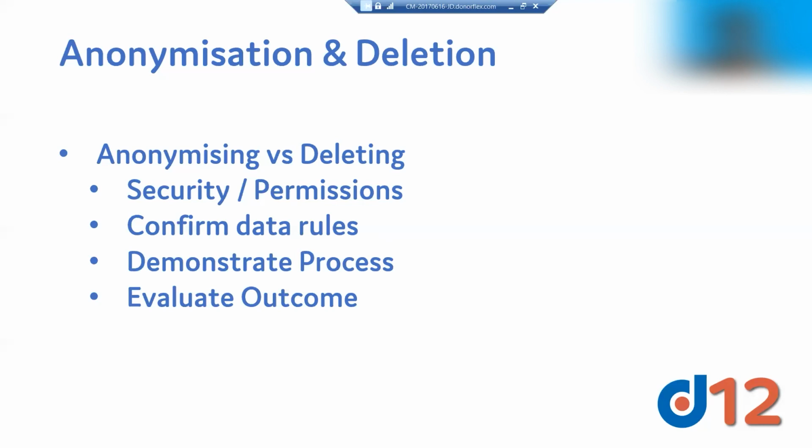But what we are going to spend the focus of our time on is anonymisation. In both of these contexts, it is really important that each organisation gets their security and permissions right. So I'm saying here that you, as always with areas of functionality in donorflex, have the ability to say which users have access to which areas of functionality.